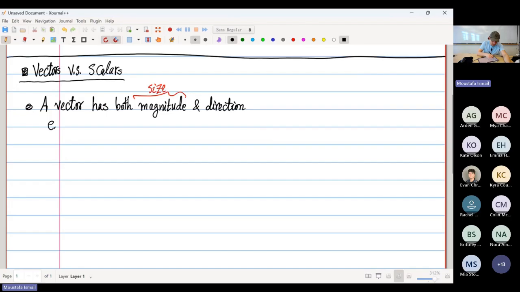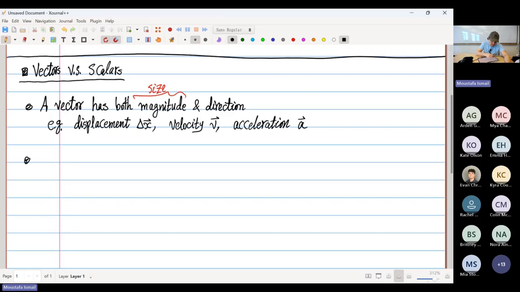So examples of this are displacement, which we denote by the symbol delta x, the change in position, or velocity, which is v with a vector, acceleration, letter A with a vector on top, and there is also momentum, there is force. We will cover those when we get to them.